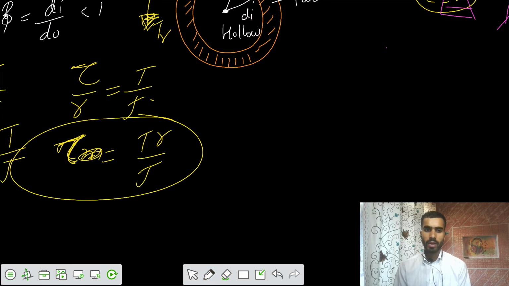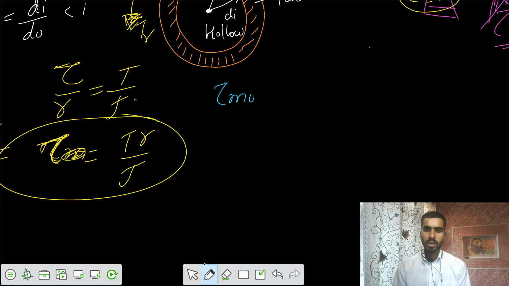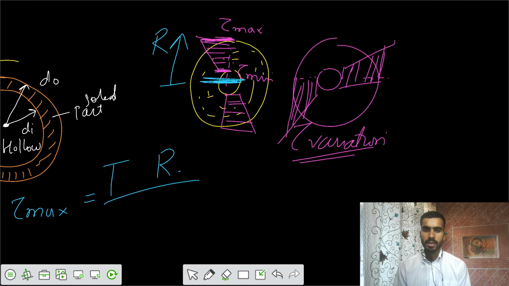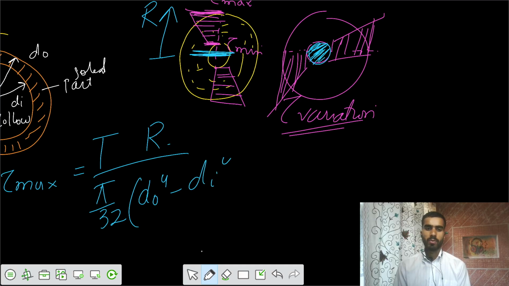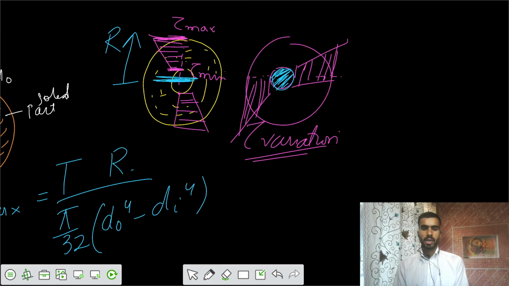So if I substitute that value, the maximum shear stress would be T times R divided by J. The value of J, the polar moment of inertia for the solid part, is pi by 32 d outer to the power 4, minus the polar moment of inertia of the hollow section, that is minus d inner power 4. So you got this part.